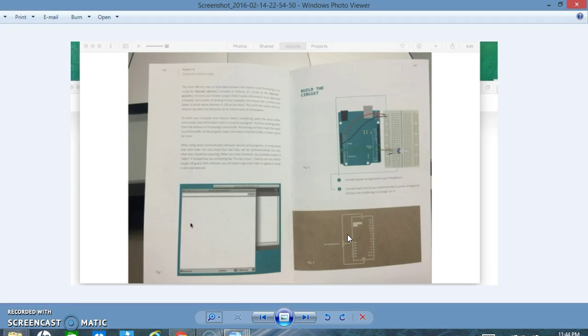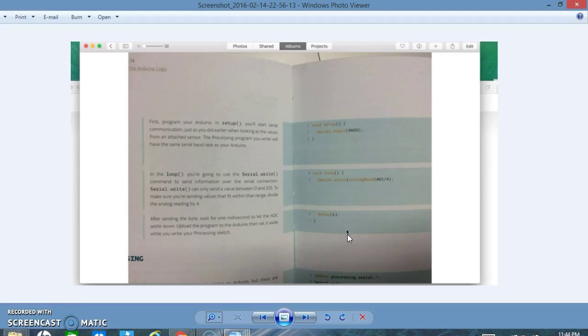For me, what I considered the hardest part was the coding itself, because we got 2 parts. The first part was the Arduino coding, which was in charge of transferring all the information to the Arduino board, or to the processing card, I mean.